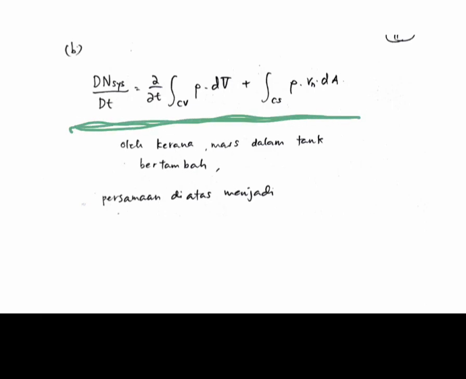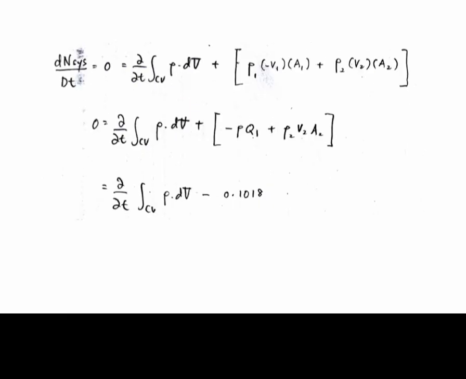This is the Reynolds transport theorem equation in general form. dN/dt here is equal to 0 according to the idea of conservation of mass.